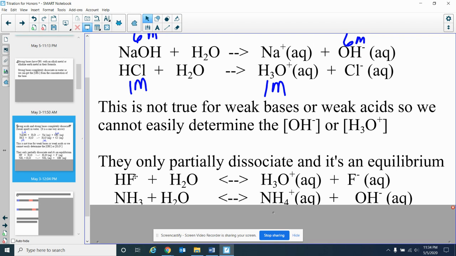So if it's 1 molar HF, it is not 1 molar H3O plus coming off. If it is 1 molar of the weak base, it is not 1 molar for the OH minus. So we're only going to calculate the pH of strong acids and bases, and today we're going to titrate with strong acids and bases. We're not going to worry about the weak acids and bases right now.